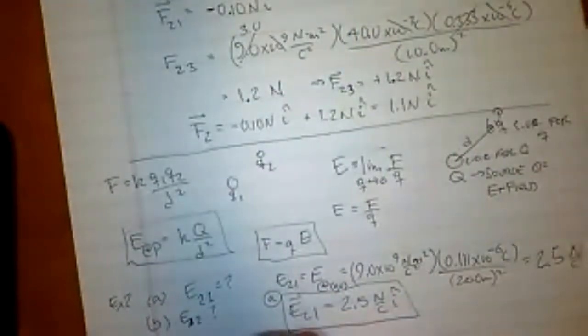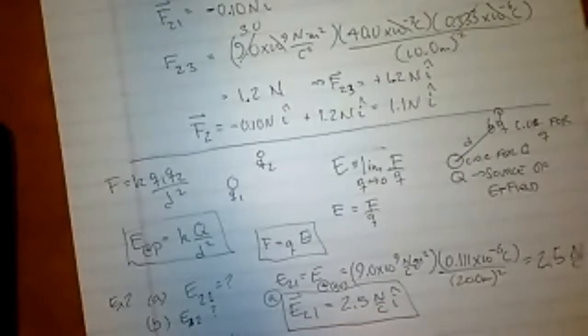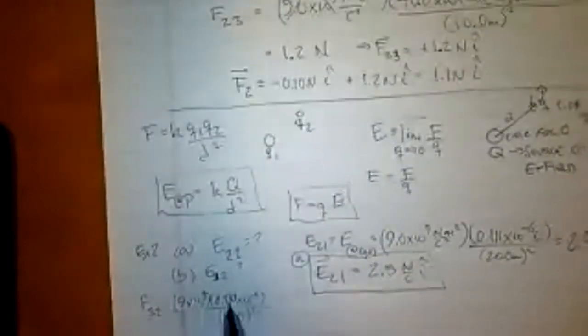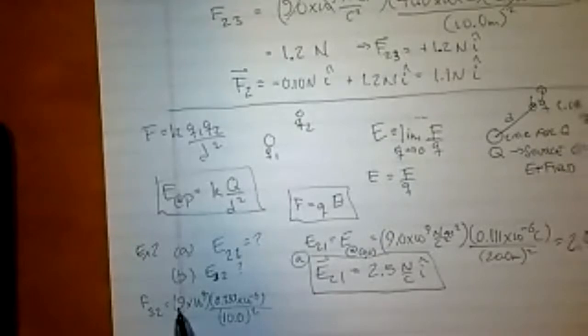So it'd be 0.333 times 10 to the -6 over, this time we're only dividing by 100 instead of 400. So this 1/3 cancels out with that, leaving a 3. This 10 to the -6 cancels out, leaving a 10 to the 3rd. So I got 3,000 over 100, which should be just 30.